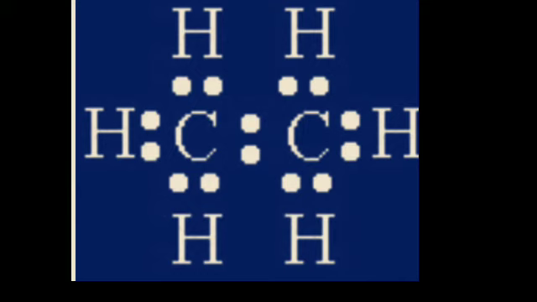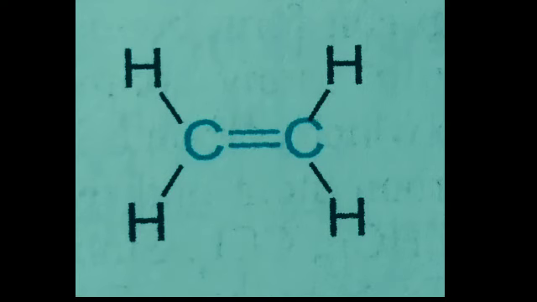In the second step, use the 4 hydrogen atoms in the molecular formula for satisfying the tetravalency of both the carbon atoms. It appears that one valency of each of the two carbon atoms is not satisfied. In the third step, satisfy the tetravalency of the two carbon atoms by drawing a double bond in place of the single bond between them.